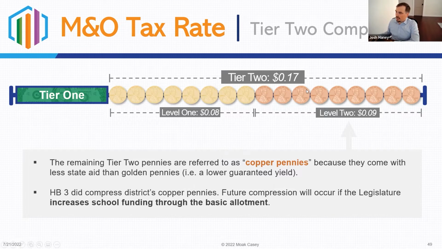The thing to note here when it comes to compression is that the copper pennies are potentially subject to compression if the legislature takes certain actions. Golden pennies, there's no provision in state law to compress. But if the legislature takes certain actions, you could see some copper penny compression.